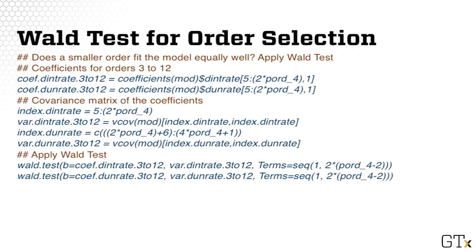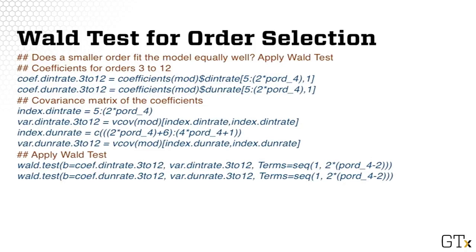In the R code provided on the slide, we first extract the coefficients corresponding to order 3 and higher. Second, we extract the covariance matrix of these coefficients from the covariance matrix of all the coefficients in a model, provided by the vcov R command with the input the model fit.